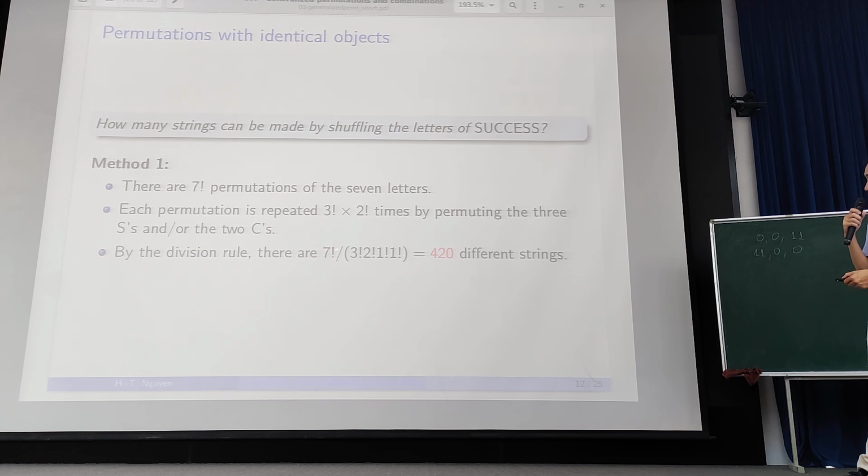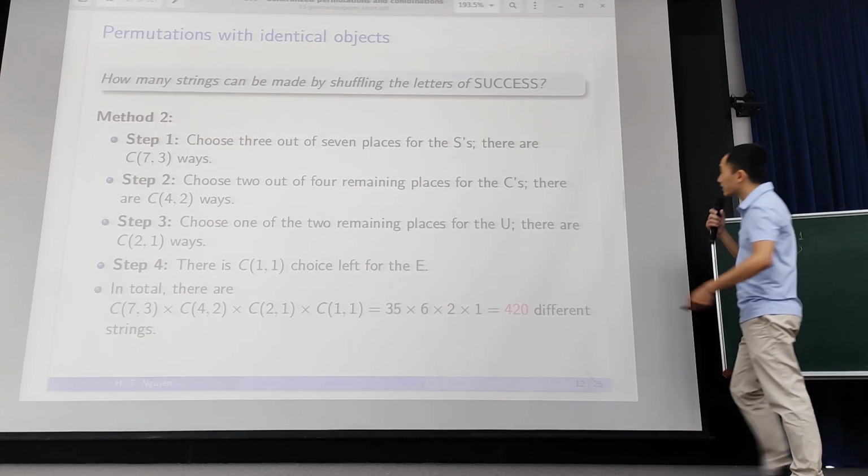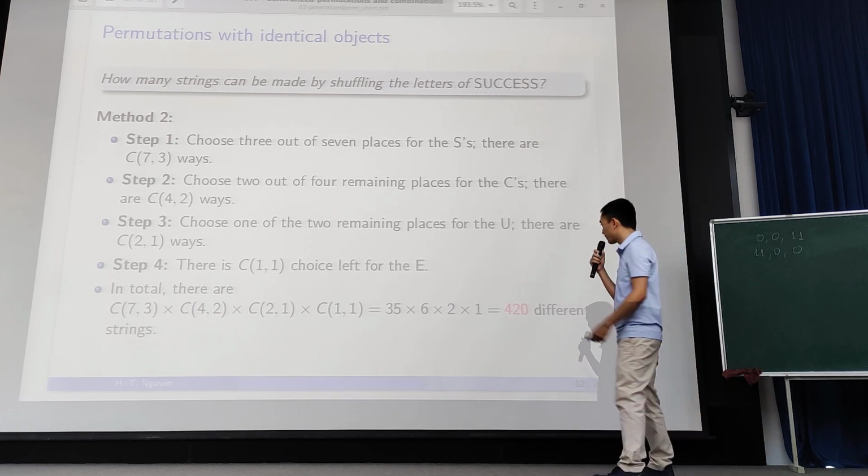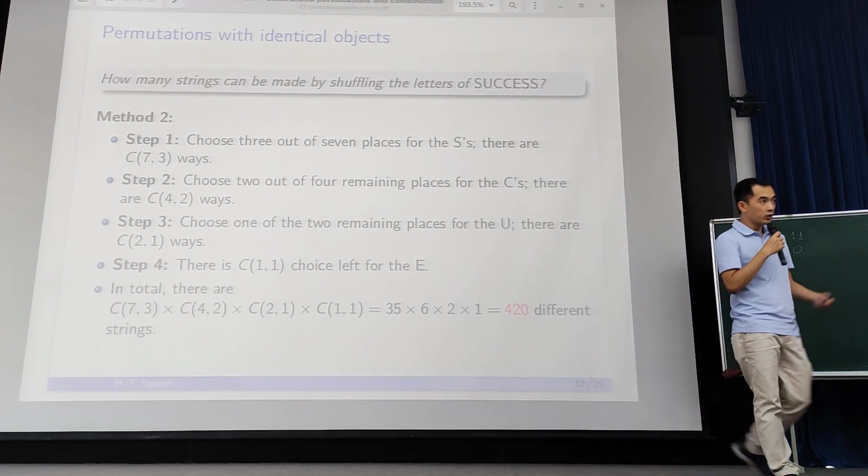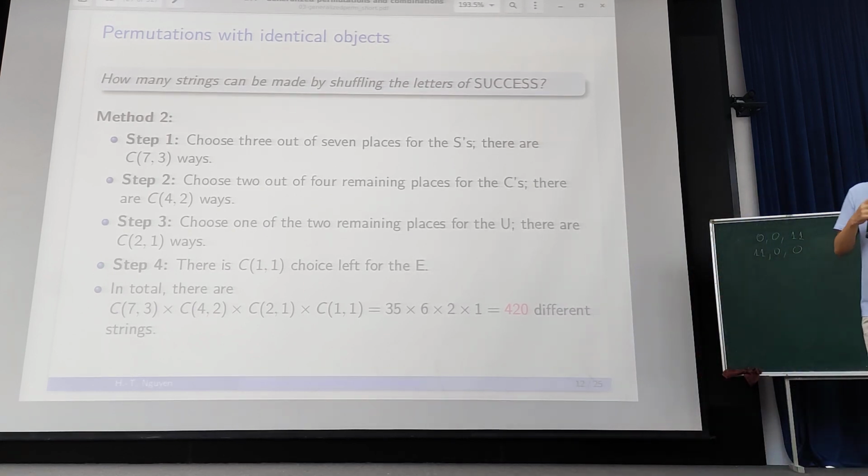So if you apply the division rule here, you get the same result, 420 different strings. Of course, once again, you have the same number. Okay? You can count in many different ways, but you always have to get the same result.